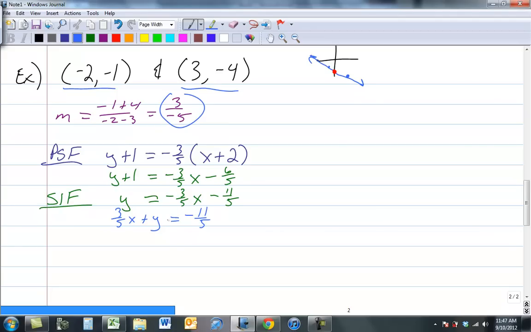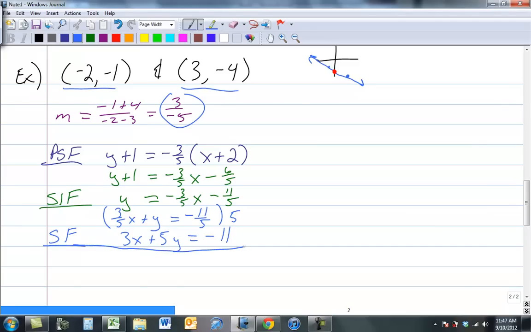All right, so we got a fraction here. But I can multiply all of this by 5. So you should get 3x plus 5y equals -11. And there is our standard form.